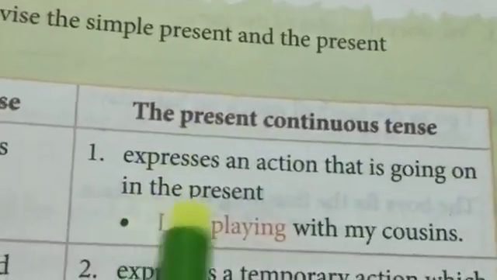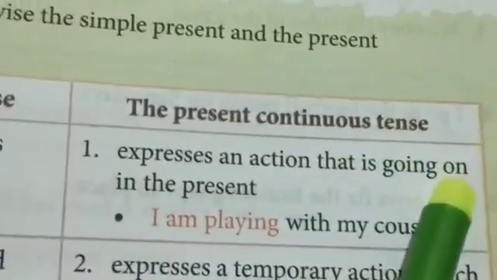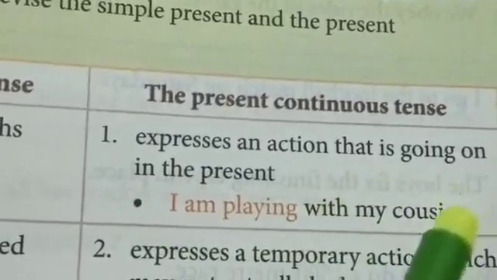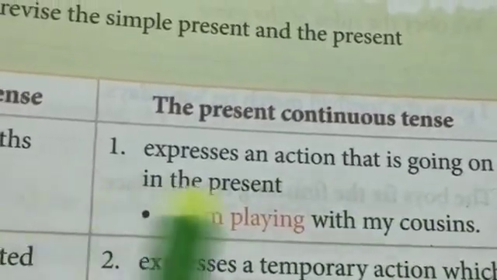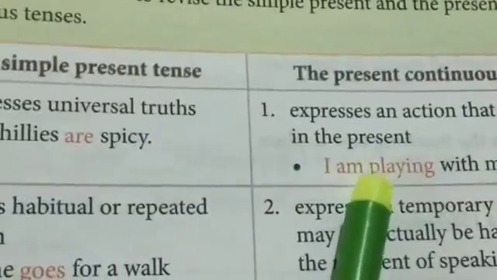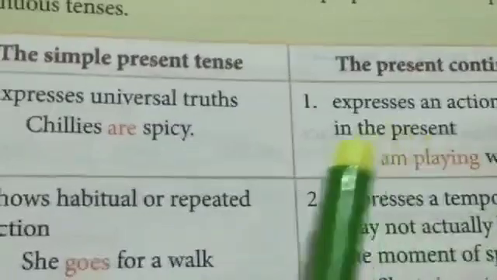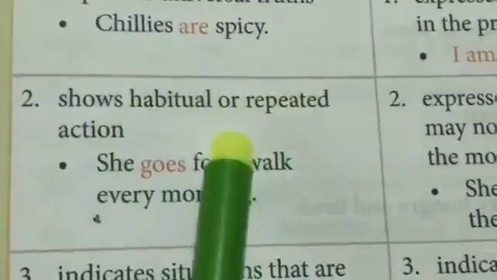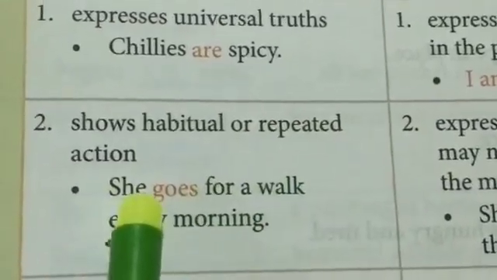So it expresses an action that is going on in the present, like, I am playing with my cousins. Here the base form of verbs is used, but in present continuous, the verb plus ing form is used with a helping verb. Simple present shows habitual or repeated action.